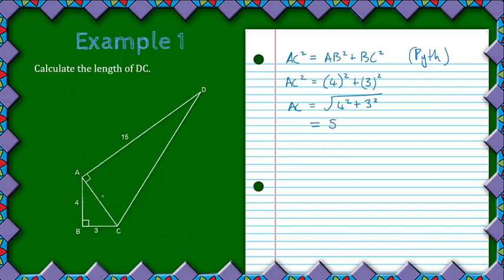Okay, so now that we know this is 5, we can now move on to the bigger triangle, where we have CD squared is equal to AD squared plus AC squared.